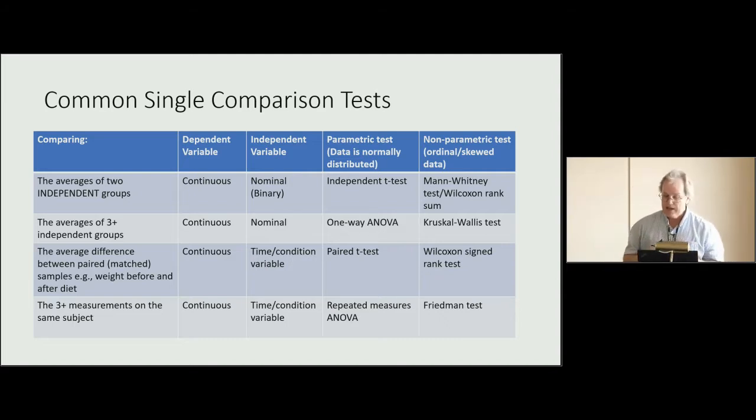So the parametric test, if our outcome is normally distributed, is the t-test, right? Independent t-test. Everybody familiar with that? Okay. If it's non-parametric, if it's ordinal, for example, or the data is skewed, we use what's called the Mann-Whitney test or the Wilcoxon rank sum test. These are equivalent tests.